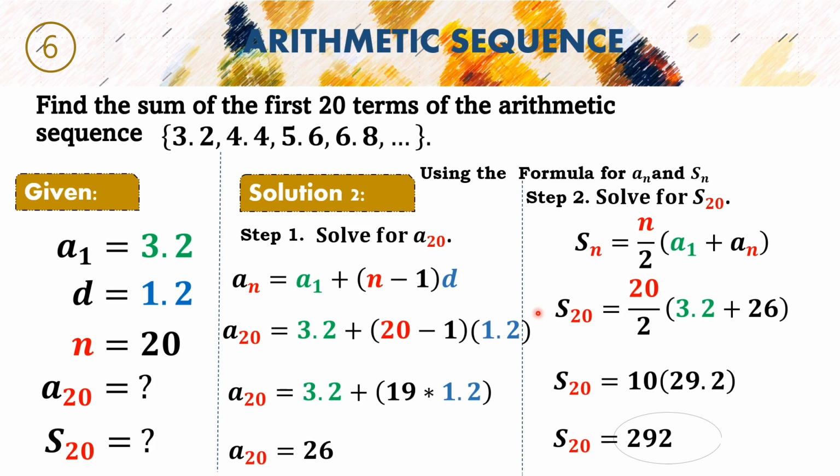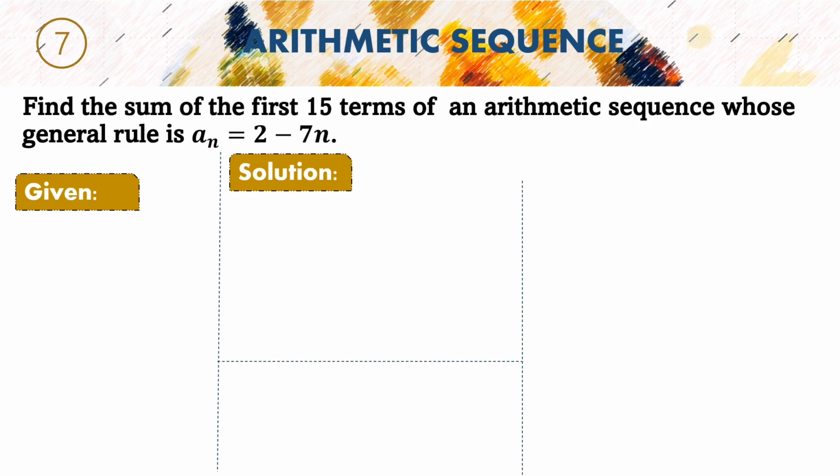Another example, number 7. Find the sum of the first 15 terms of an arithmetic sequence whose general rule, or the nth term, is a sub n equals 2 minus 7n.